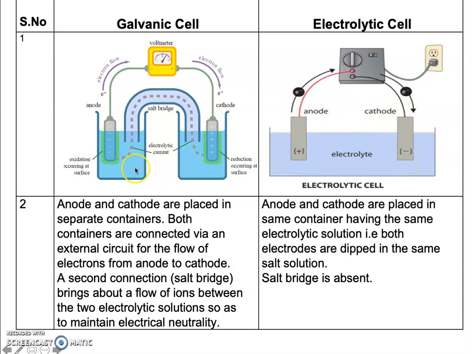But remember that the function of the anode and the cathode, irrespective of whether the cell is galvanic or electrolytic, is the same. The anode is the electrode where oxidation takes place, which means there is a loss of electrons. Whereas the cathode, both in the galvanic cell and the electrolytic cell, is a place where reduction takes place, which means there is a gain of electrons.